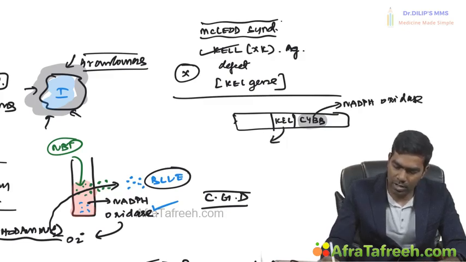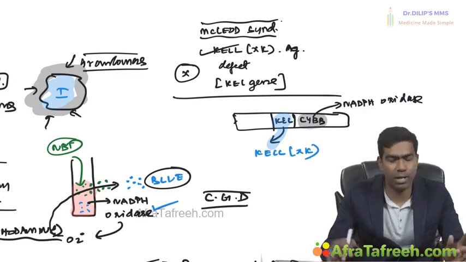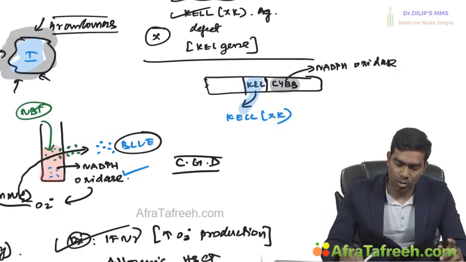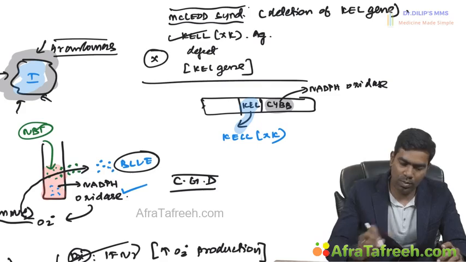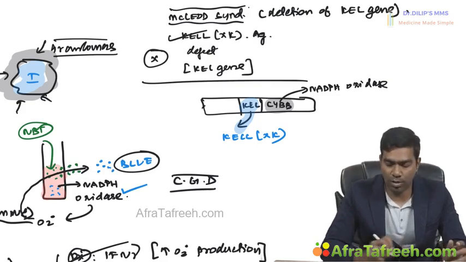And the KEL gene is the one that gives rise to the KEL antigen, that is the XK antigen. So that's a KEL blood group gene. In McLeod syndrome, there is deletion of the KEL antigen or KEL gene. That's what results in McLeod syndrome.